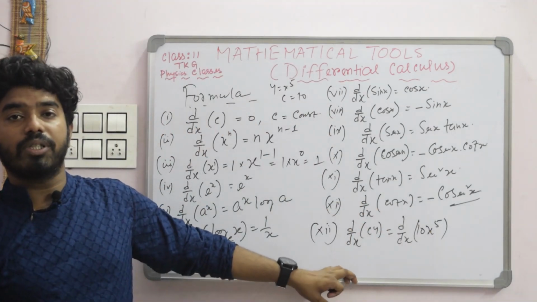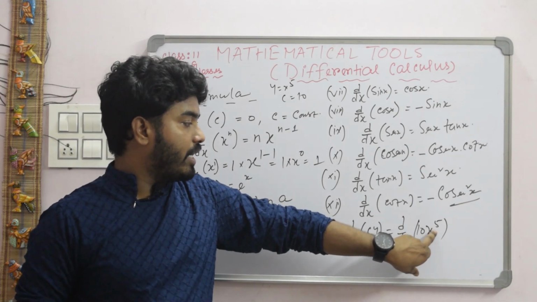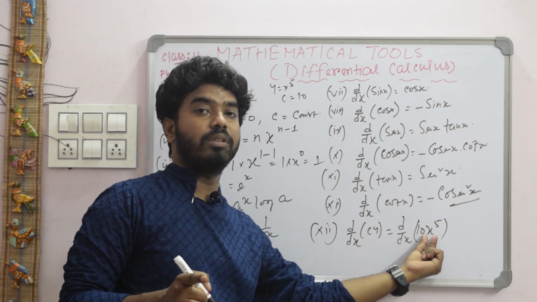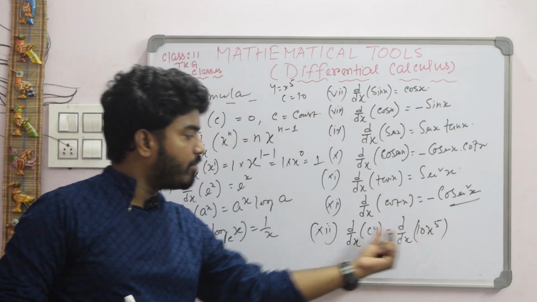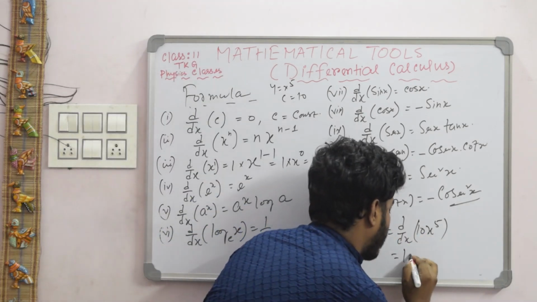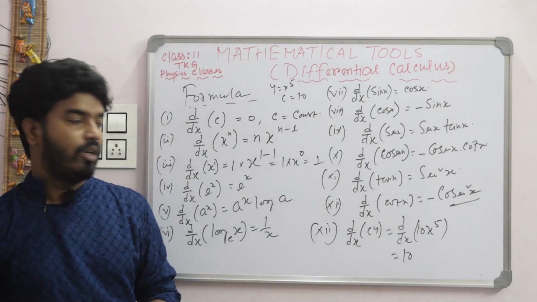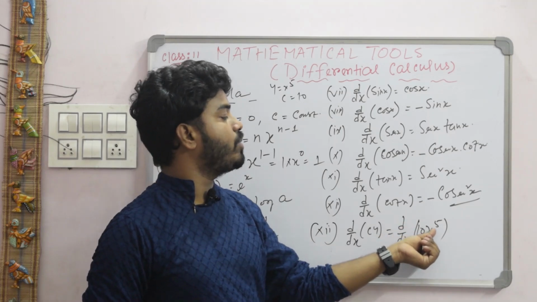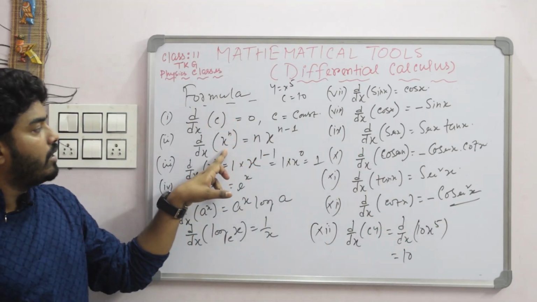Then what will be the solution? This is a constant part, this is a variable part. When there is a constant and a variable both in an equation, the constant part first of all comes outside of this differentiation. So 10 will be outside. Now you have to differentiate x to the power 5 according to this formula.